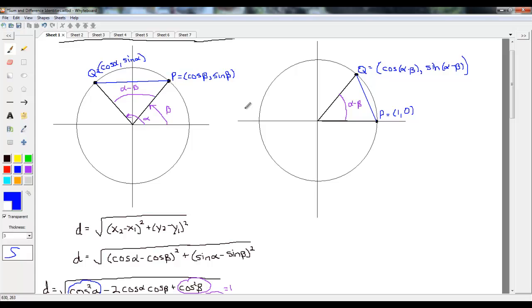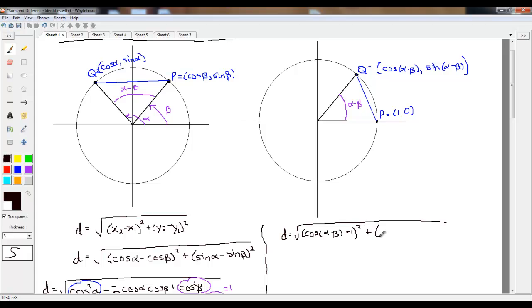So let's work out all the distance stuff again, this time with that information. I won't rewrite the formula because you have it right there. This time we have cosine alpha minus beta minus 1 quantity squared plus sine alpha minus beta minus 0 quantity squared underneath that square root sign.